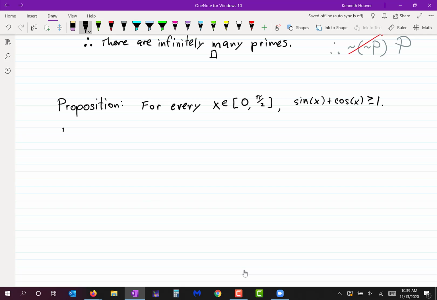Okay, let's do a proof of that by contradiction. So we suppose the negation. What would be the negation of that statement?